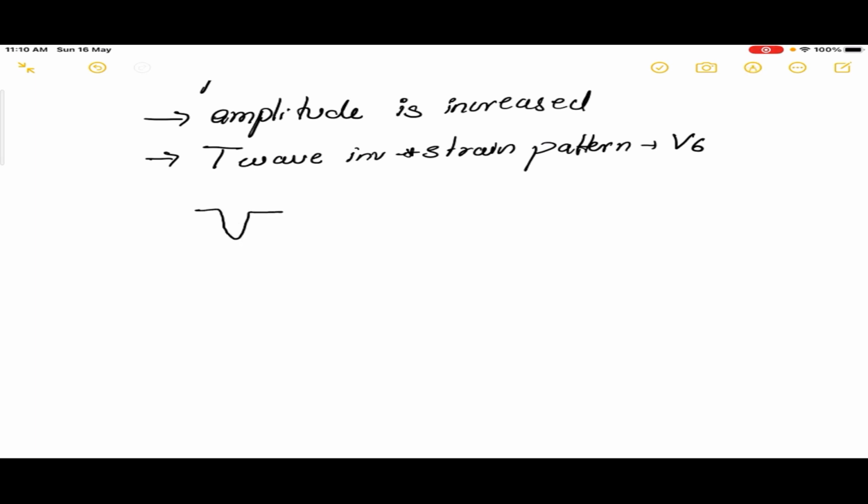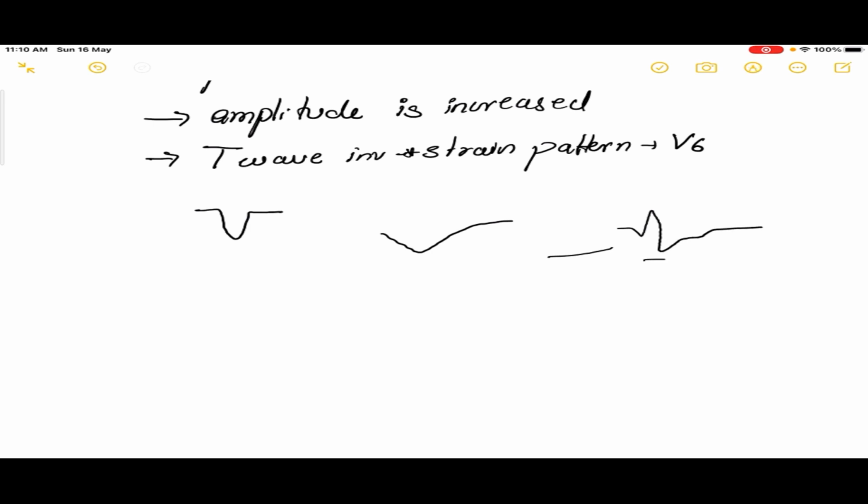So this is T wave inversion, whereas this is the strain pattern, which looks like this. This Q, R, S has something like this.